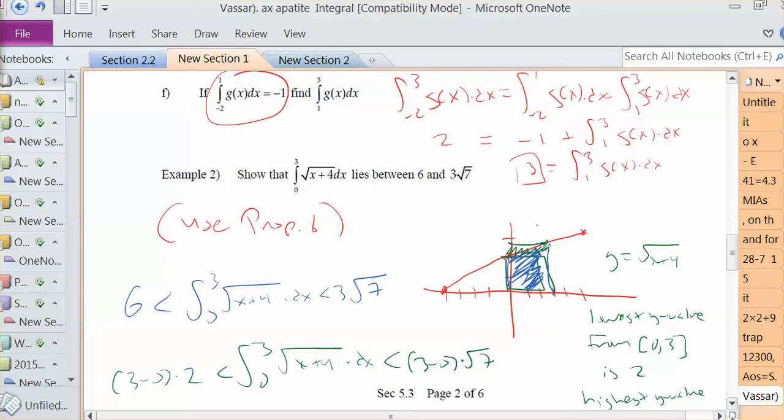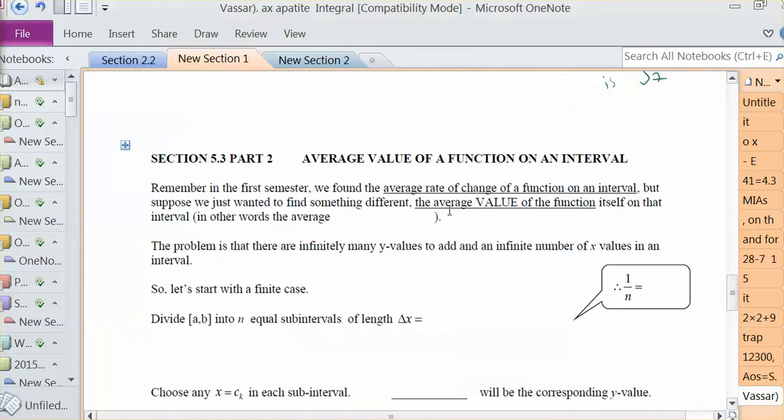But we don't need to go through all that trouble. Actually, yeah, that would justify that the lowest y value is going to be at x equals 0 and the highest at x equals 3, but we'll just do this. So don't worry about the EVT stuff I just talked about. We'll just move on to part 2.